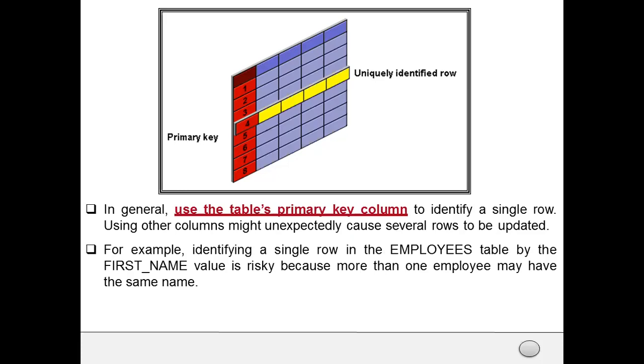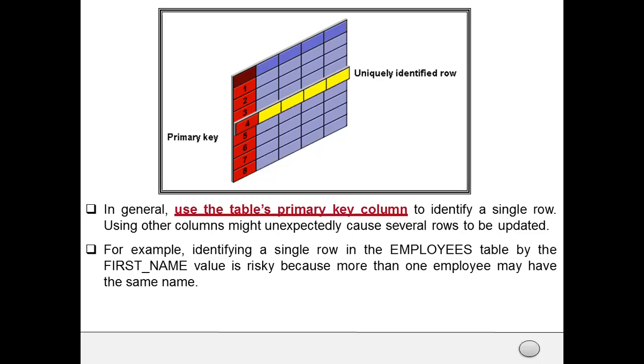For example, identifying a single row in the employees table by the first name value is risky because more than one employee may have the same name. A primary key is a column where every value is unique.